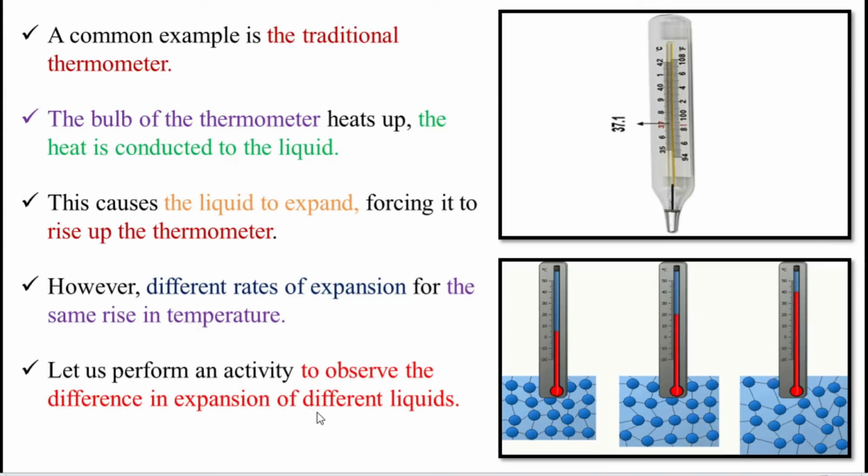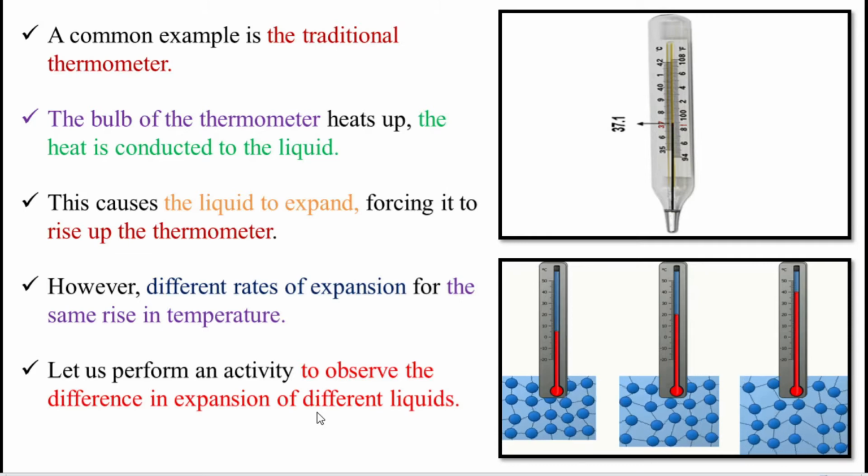Next, some common examples are given here. Traditionally we know the thermometer, that means the mercury thermometer. In our day-to-day life we are not using these kinds of thermometers, but in olden days we used them. The thermometer contains mercury in the bulb. So what happens when we place it in our mouth? The bulb of the thermometer heats up.